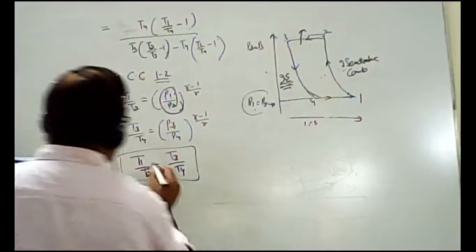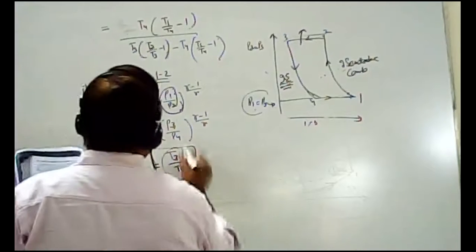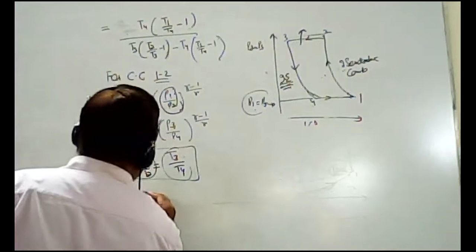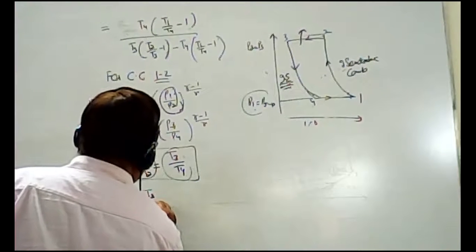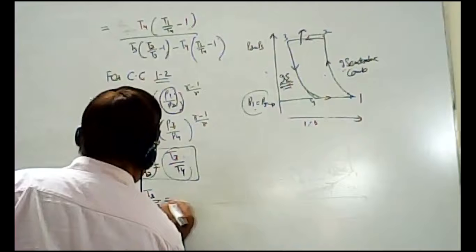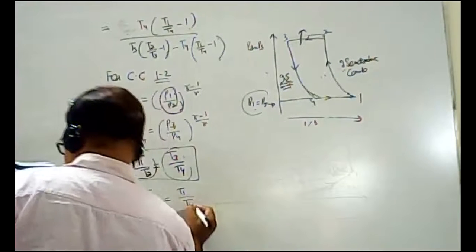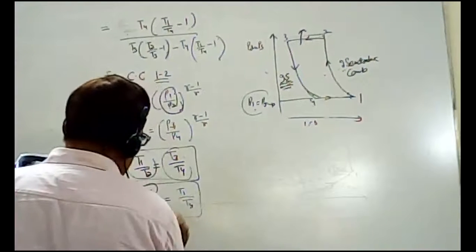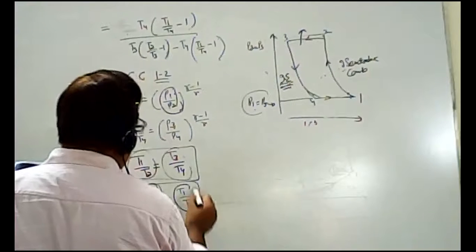When these two values are equal, I can rewrite it like this: T2 divided by T3 will be equal to T1 by T4. So T2 by T3 equals T1 by T4.